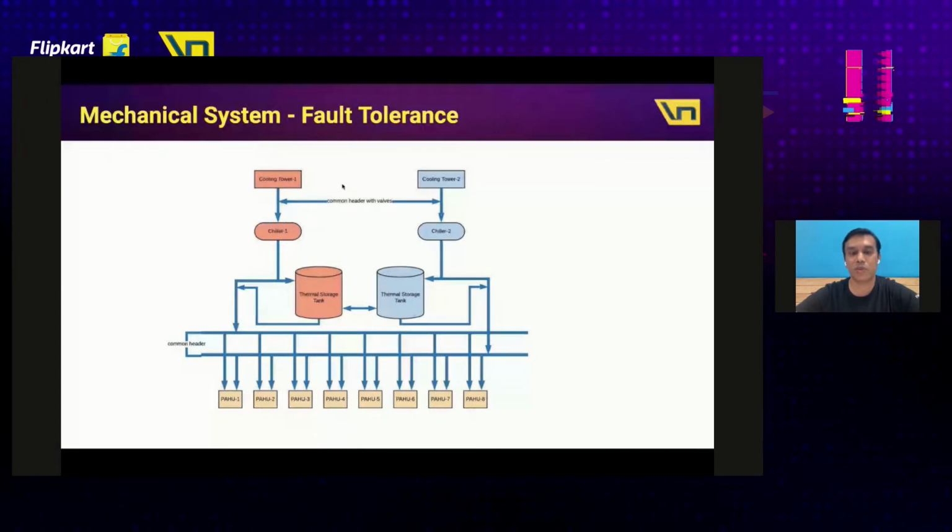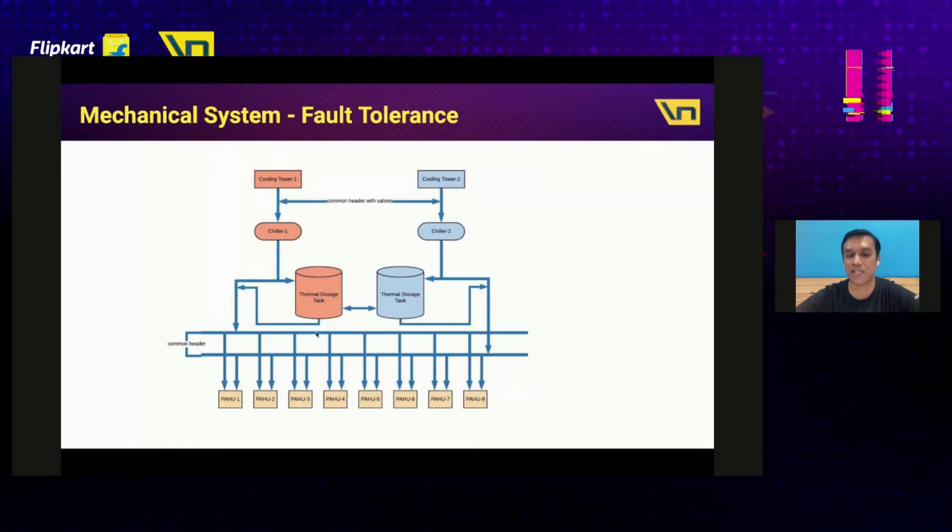If cooling tower 1 goes down, cooling tower 2 kicks in automatically and works seamlessly for us. If chiller 1 goes down, chiller 2 is there to handle the required capacity to cool down the water flowing into these pipes. And if both of these chillers go down due to power failure or maintenance, the thermal storage tanks have enough storage capacity of cooled water to be circulated into these air handling units for a limited duration.